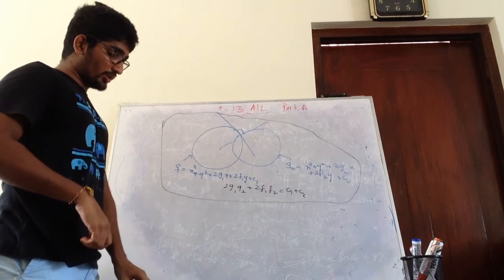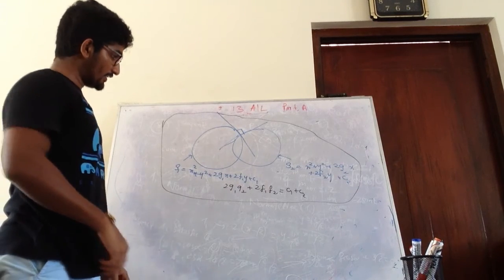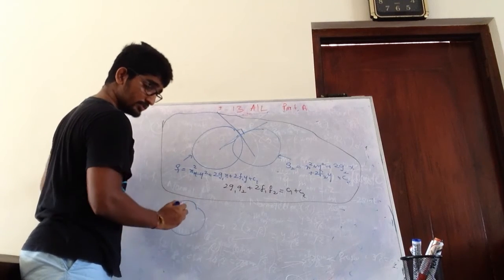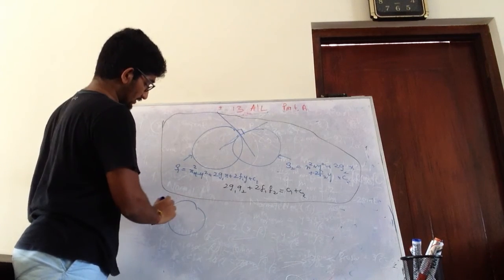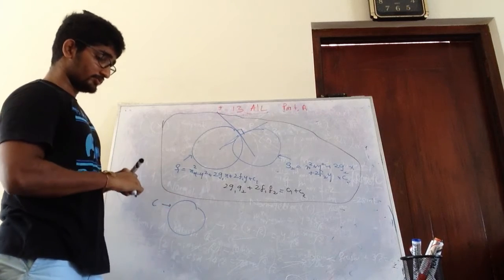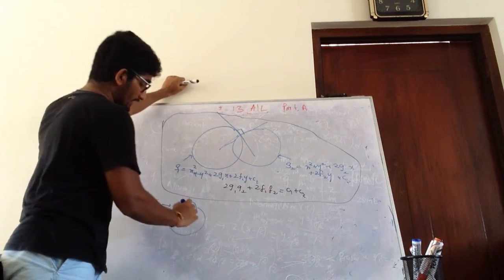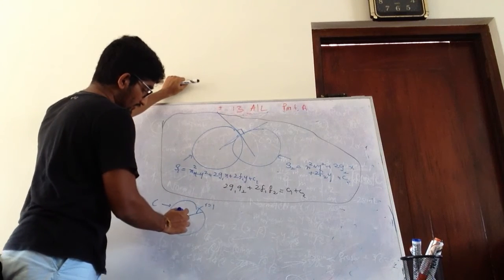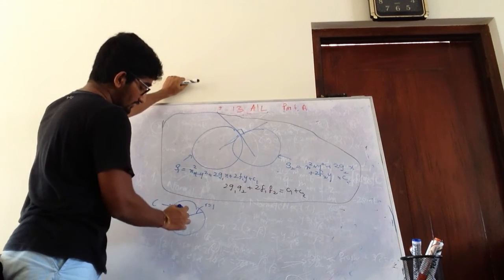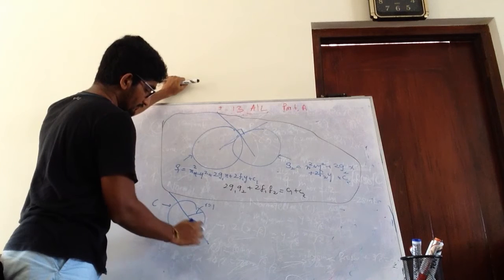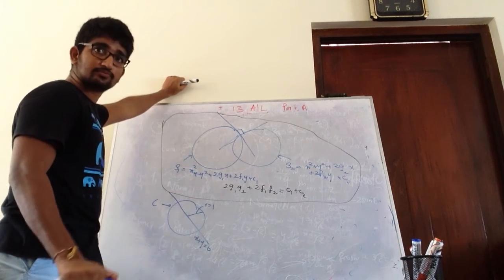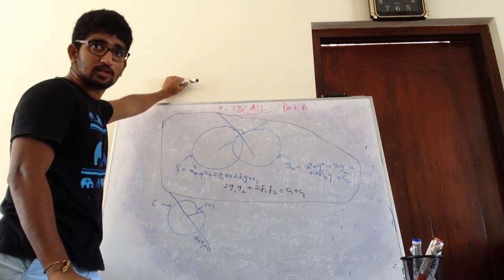Right, so now there is this circle C, where the radius is 1 and the center goes through x plus y equals 0, correct?